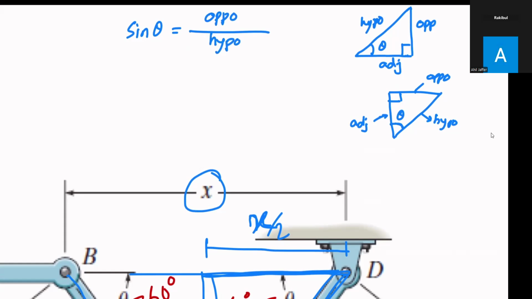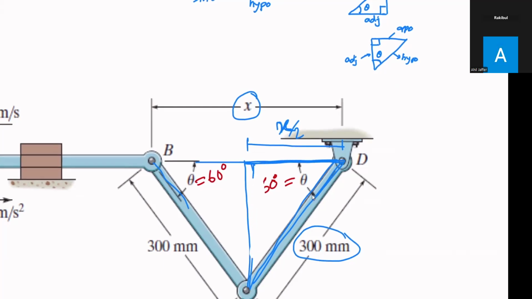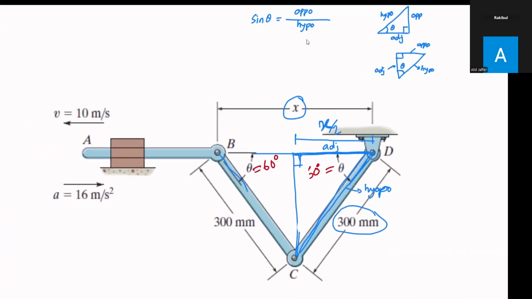Now in this triangle, this is my 90-degree angle. If this is the angle, then this becomes adjacent, and this is the hypotenuse. If we use sine, it is opposite over hypotenuse, so does it work?